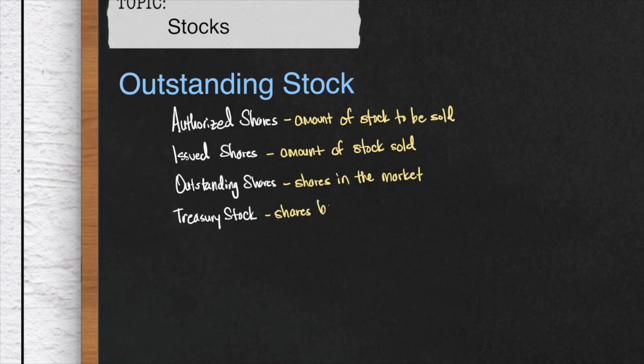These are shares bought back by the company. So you could have issued shares equal outstanding shares, but as soon as the company buys back some of that stock, then the issued shares and outstanding shares will not equal one another. Because again, the company just bought back stock, and that stock they're buying back is now considered treasury stock.